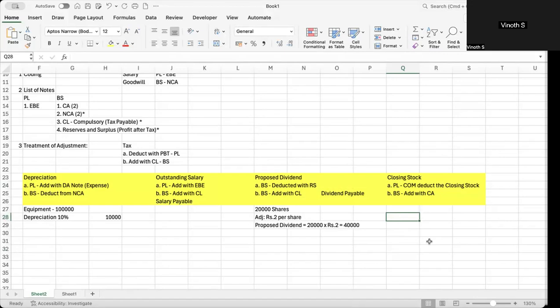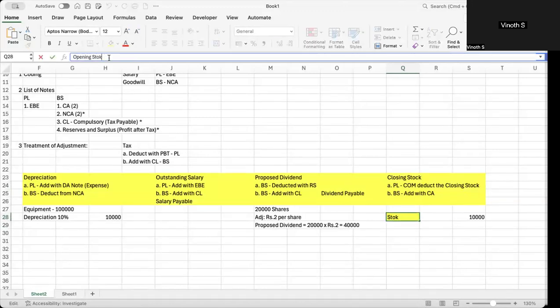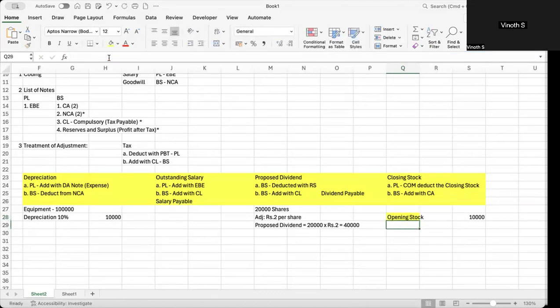You will easily understand. Assume in the trial balance, the opening stock is 10,000. Along with the opening stock, in the trial balance, if we have purchase of raw material, that is to be added.